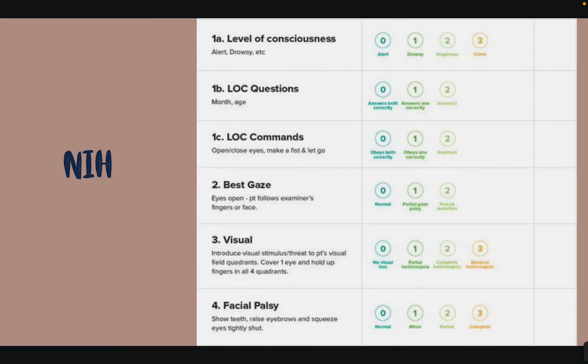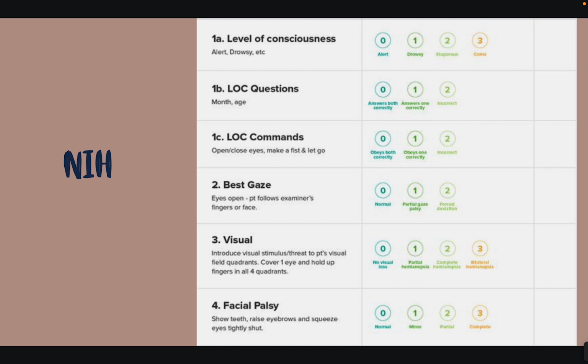So I wanted to go over the NIH. I personally don't have this memorized. It's very hard to, and I don't think it's necessary to memorize it for class. But I do need you guys to know what it entails and how to use it, because you might have questions in regards to the NIH and the things inside it, like what an NIH looks for.